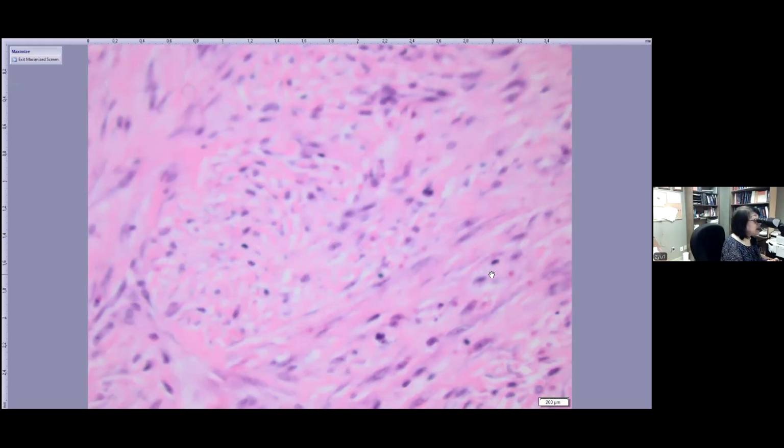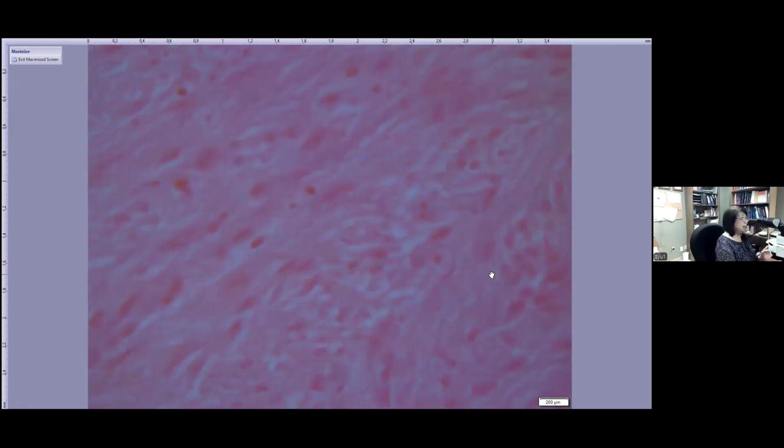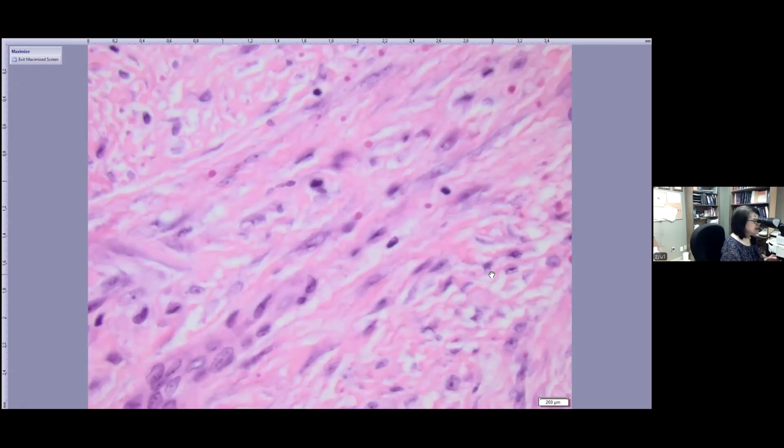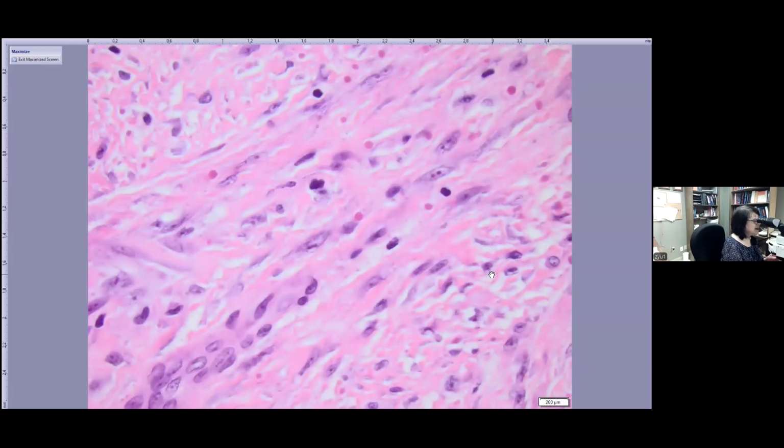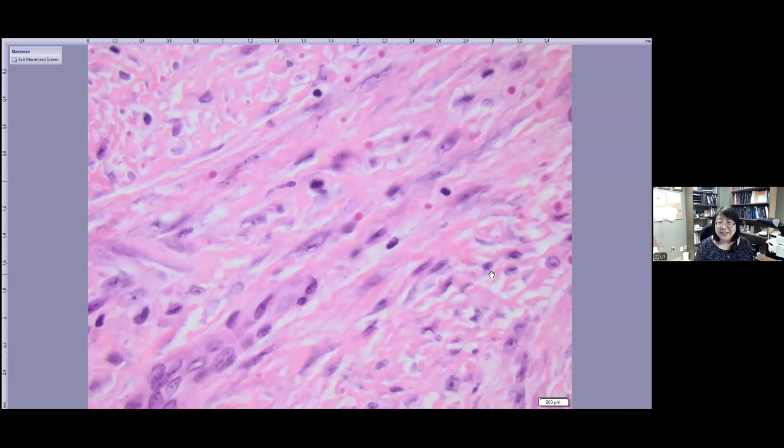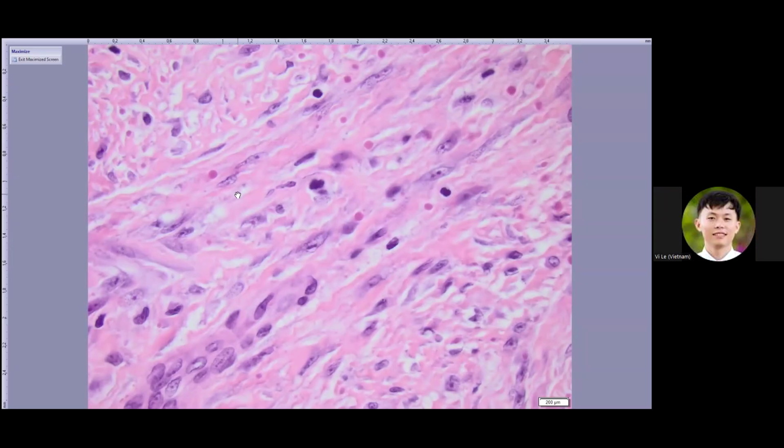Let me see this perinuclear one. Go high power. I can go to my 60x. Okay. So now you see more clearly. This is characteristic for this lesion. Anyone want to make a diagnosis? Can I guess?